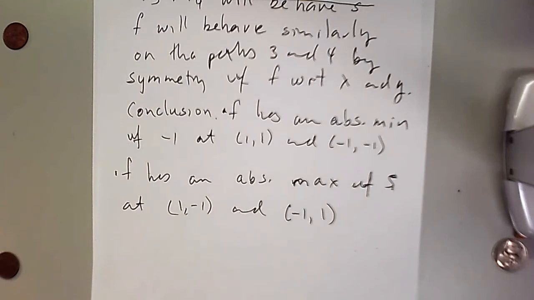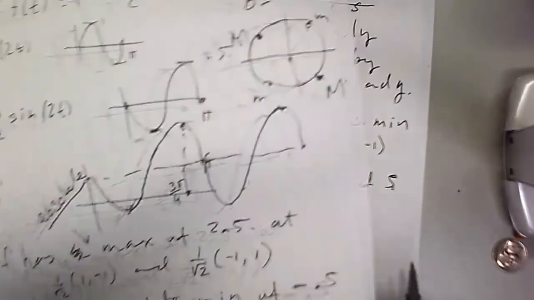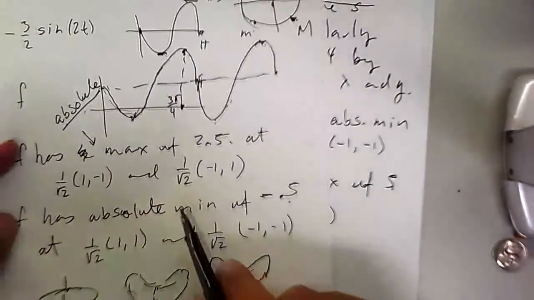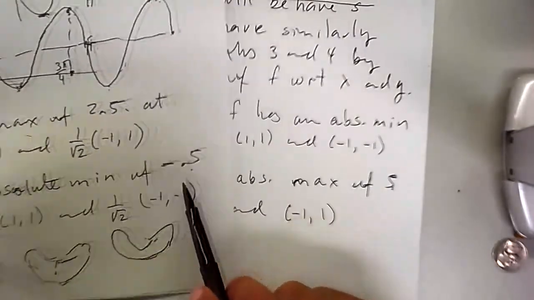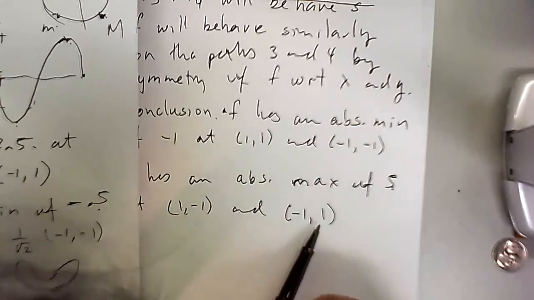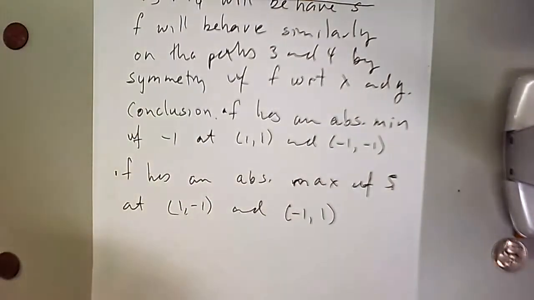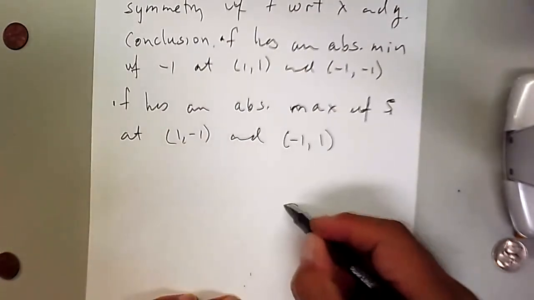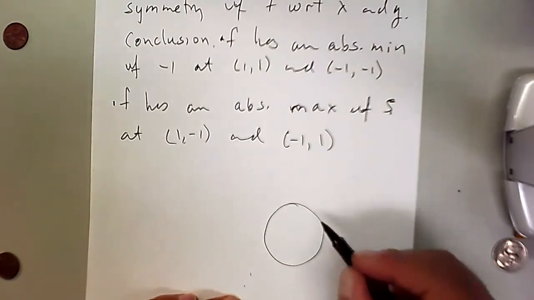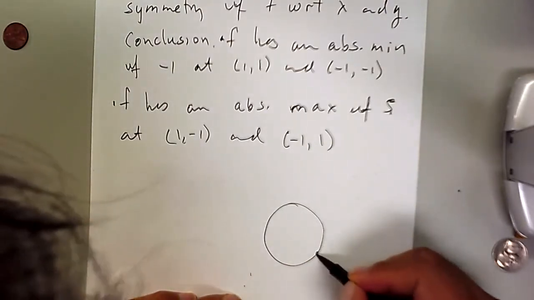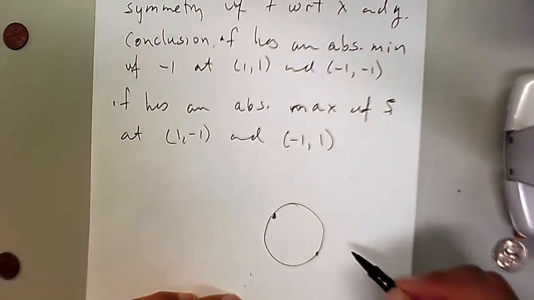I just want to compare real quick with what we had here, because we had a maximum. Yep, the maximum was 2.5 within the circle. Okay, so this is what's going on. If you restrict according to the circle, we're going to find maximums here and there of 2.5.